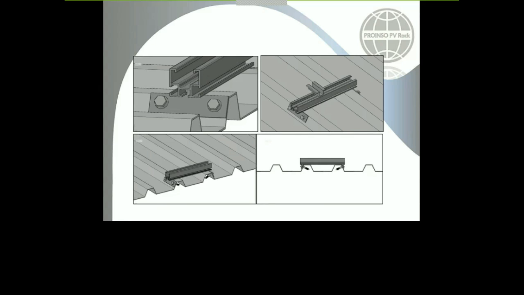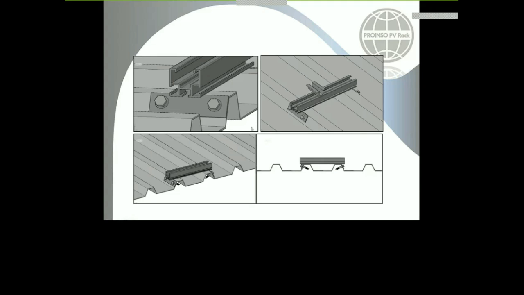And we require a minimum clearance of 100 millimeters to allow for sufficient cooling of the panels on the roof. So you mean that if sometimes there is not enough distance between the roof and the module surface, they are not going to be cool, so there will be issues, right? Correct.